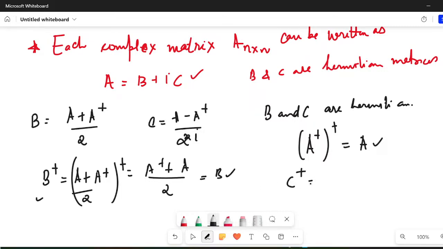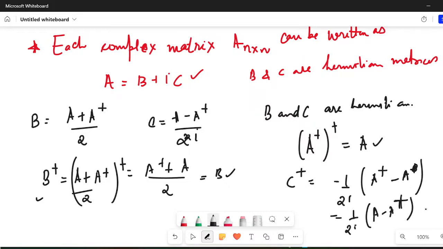And if I'm doing C dagger, what will I get? First, 1 upon 2 iota would be conjugated, so please do write it would be minus 1 upon 2 iota. And this will become A dagger minus A dagger dagger, which means simply A. If I take a common out, I'll get 1 upon 2 iota (A minus A dagger).